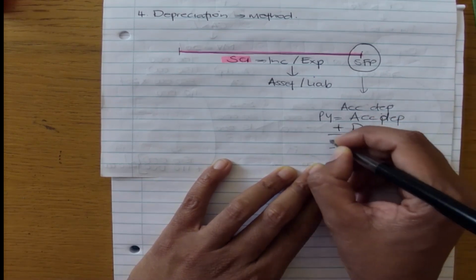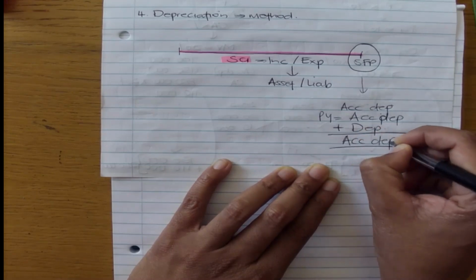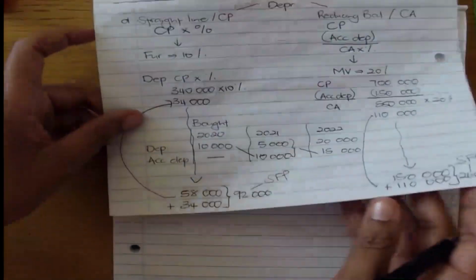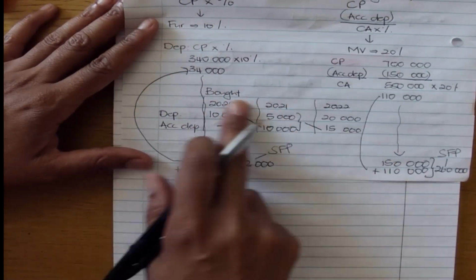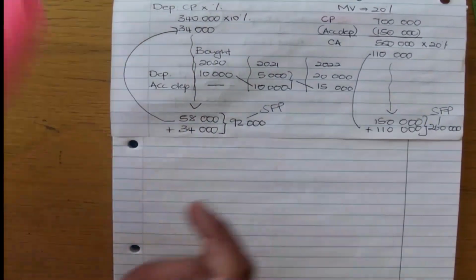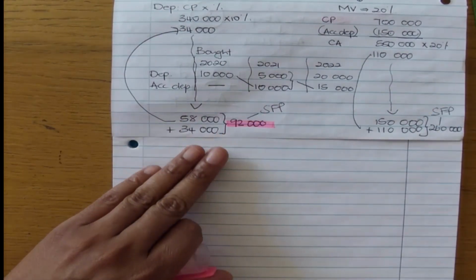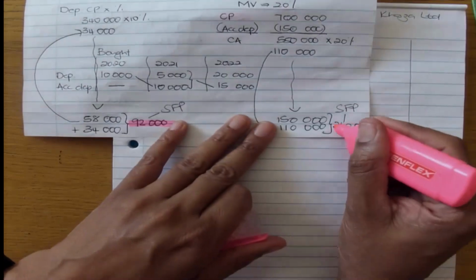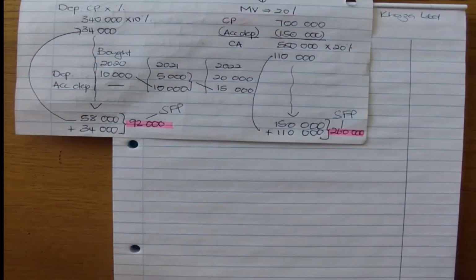That will give you your new cumulative depreciation. Remember I showed you this table when we did depreciation. Our new accumulative depreciation for the furniture is 92,000 and 260,000 for our motor vehicles.